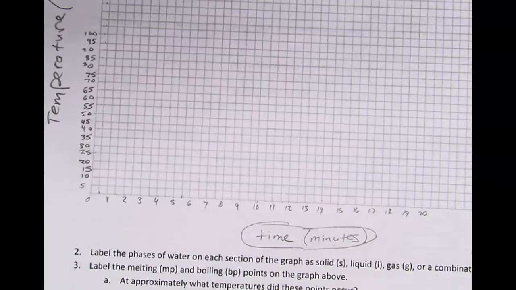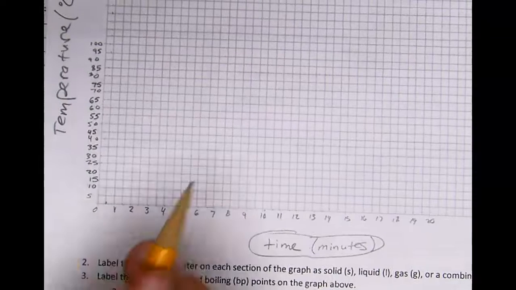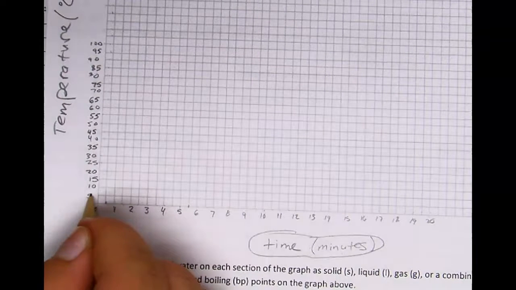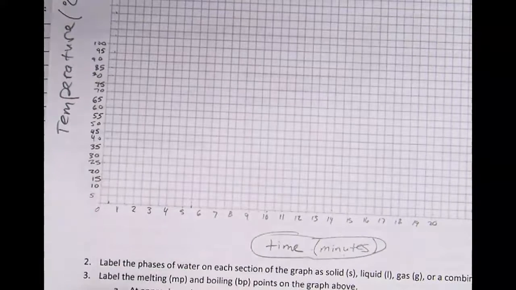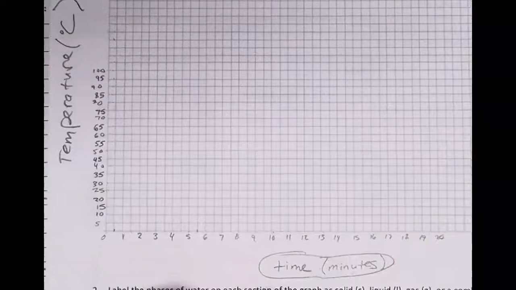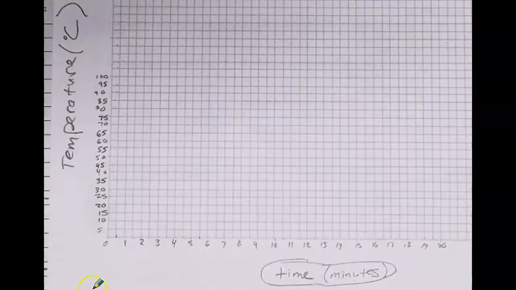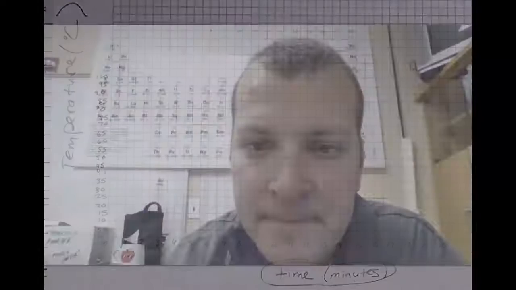If you need to pause the video, you can do so. Going up, I went by 5. So the first line, 5, 10, 15, 20, 25, 30, 35, 40, each line. And that was in temperatures of degrees Celsius. So that's how you should set up the graph. Hopefully that makes a little bit of sense. And you're going to graph the data.